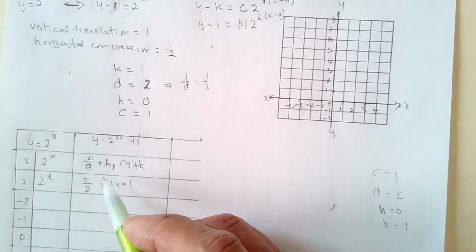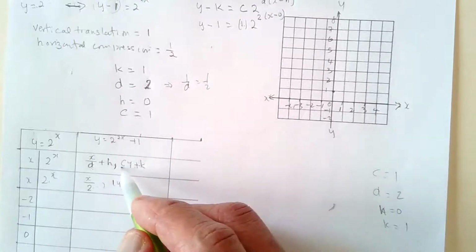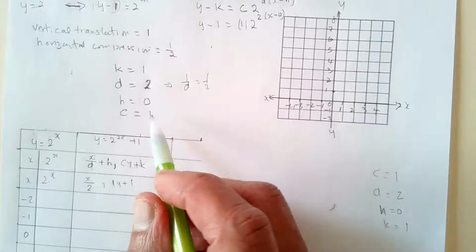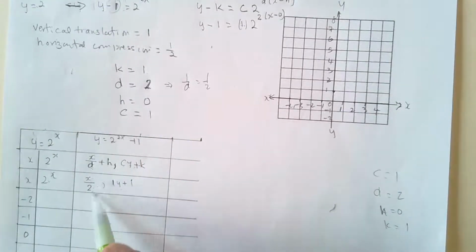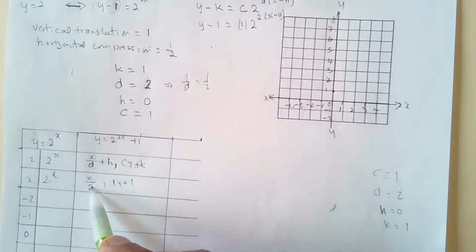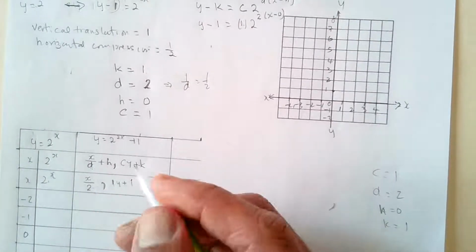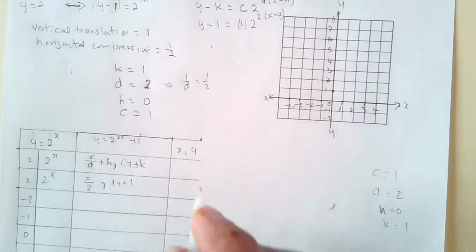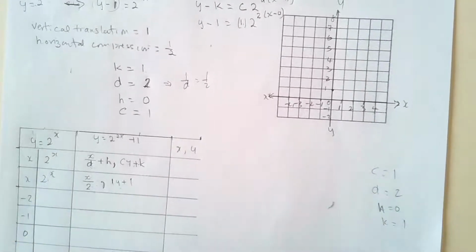Remember that. Okay. Now, c is 1, so 1 times y, and k is 1. That's why now I can simplify to x over 2 as my x value coordinates. And I'm going to put away here x and y. So let's work this through now.